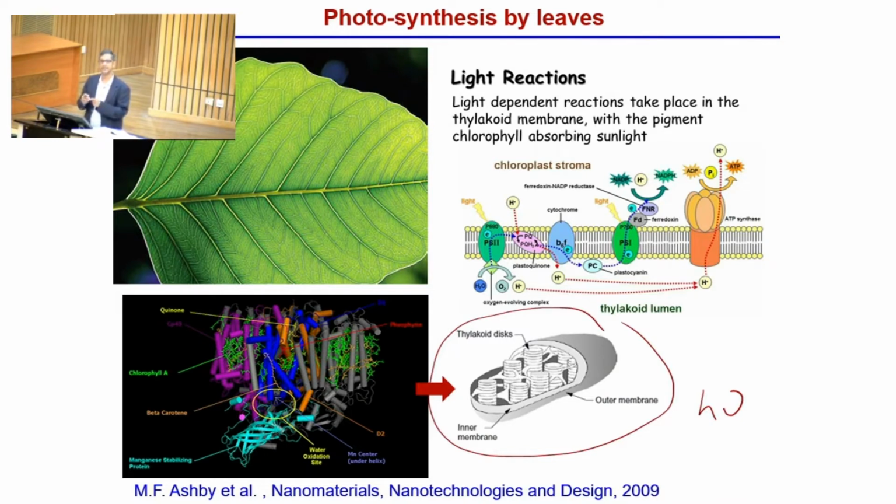Then these excited electrons come on the surface of these thylakoids and dissociate water into oxyl and hydroxyl ions, and then a subsequent reaction happens, right? Subsequent reaction means a chain reaction happens. I am showing you here the whole reaction. Let us not discuss about it. It's quite complex, but remember these thylakoids contain a lot of different units.